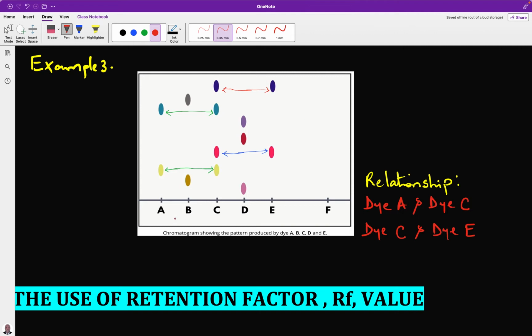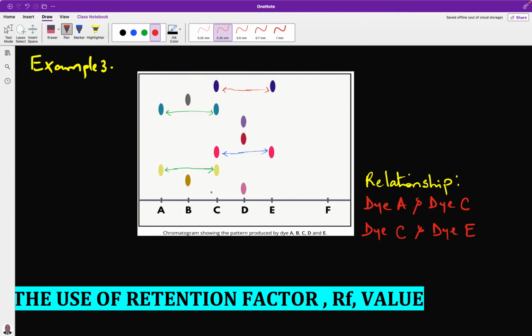In that case, B and D have substances that are not present in A, C, and E. I said B and E. In that case, B, not E. B has a substance that is not present in A, is not present in C, is not present in D, and is not present in E. Is only what?